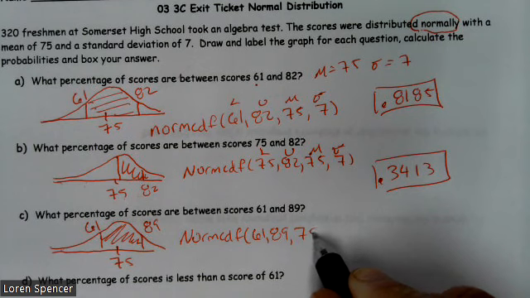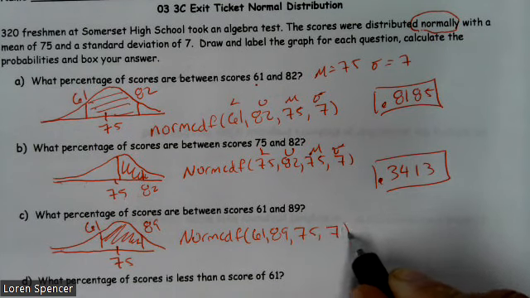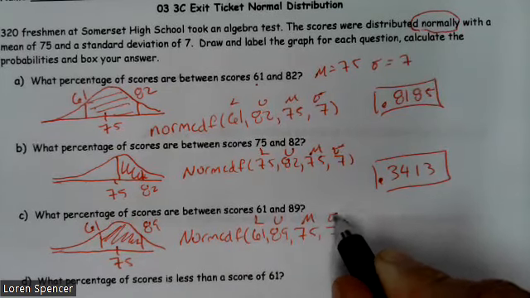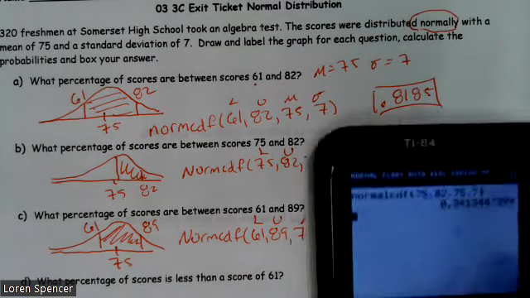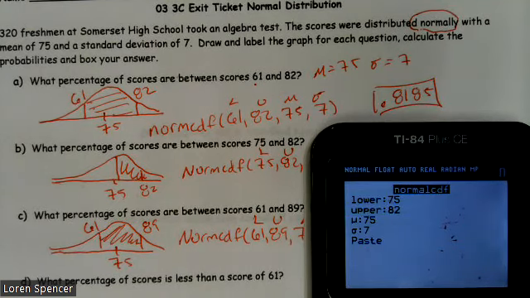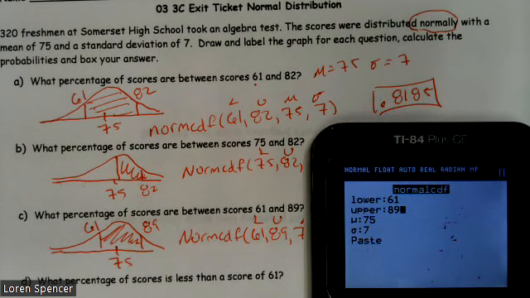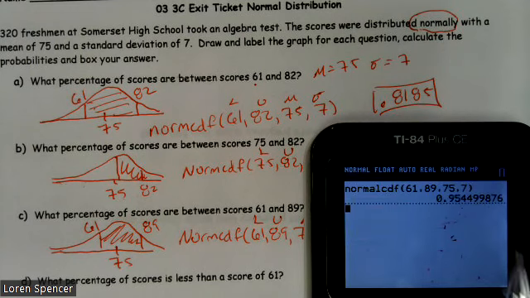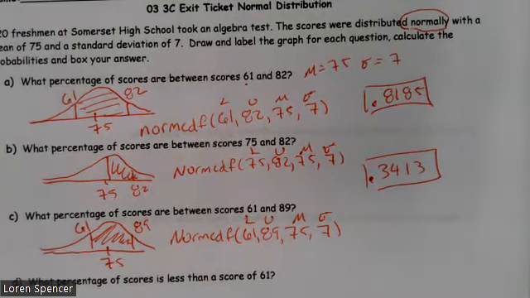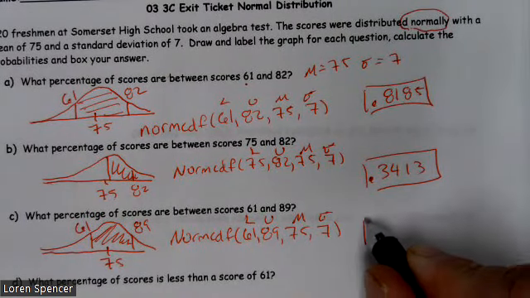Our mean was 75, and our standard deviation was 7. Lower, upper, mean, standard deviation. Second vars, normal CDF, 61, 89. We end up with 95%. All right. So 0.9544.